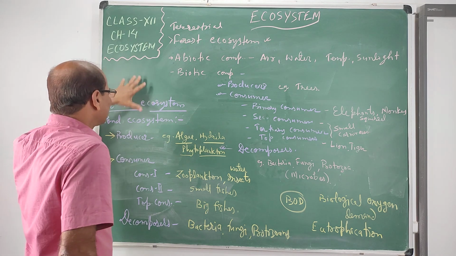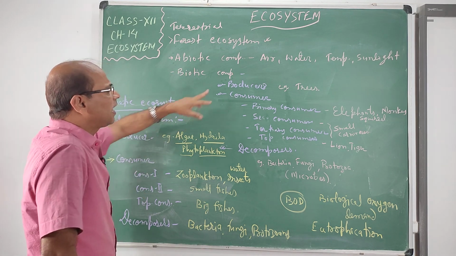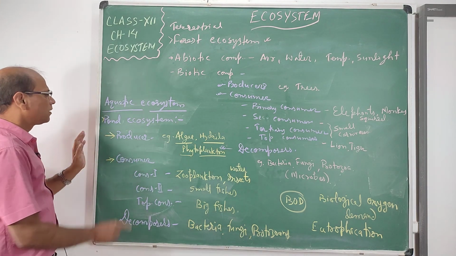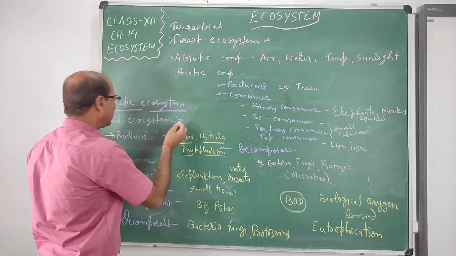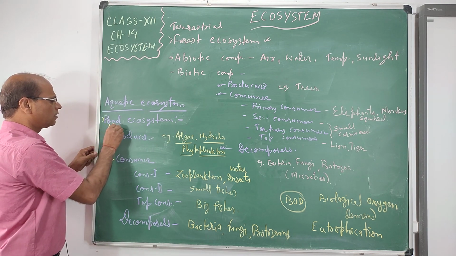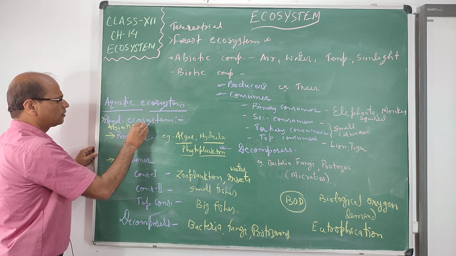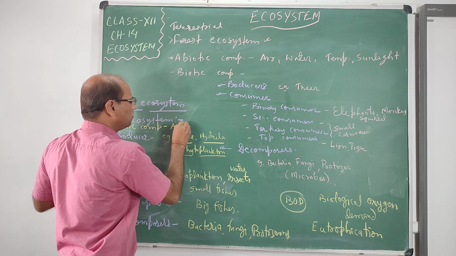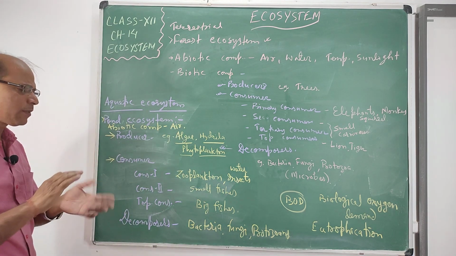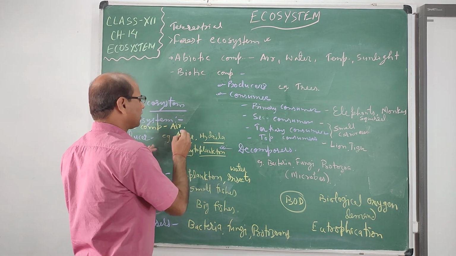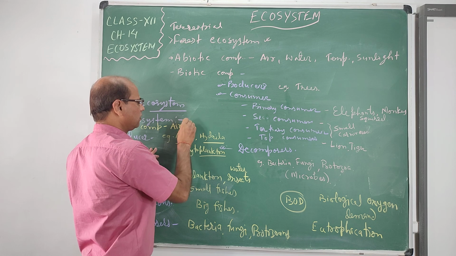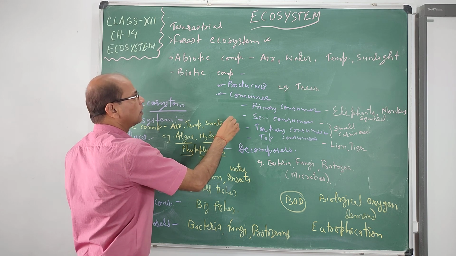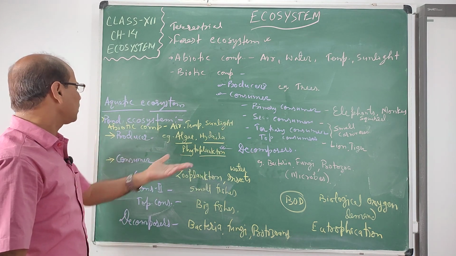So this is the way we understood the aquatic ecosystem and its components, and the terrestrial ecosystem and its components. Here you see the pond ecosystem also having abiotic components. What are they? They are the air mixed in the water, carbon dioxide and oxygen that can mix in the water, and the temperature, sunlight, and the water already present there.